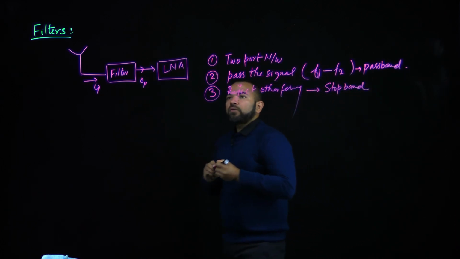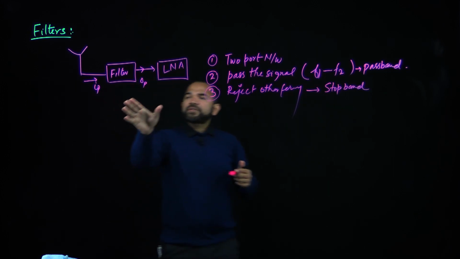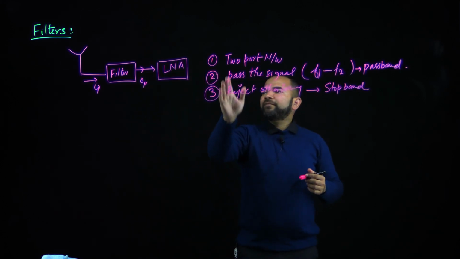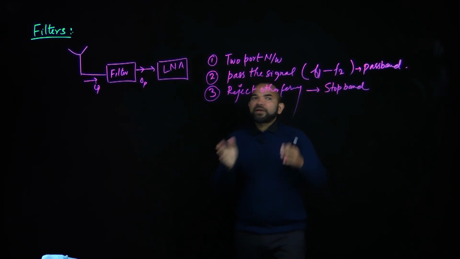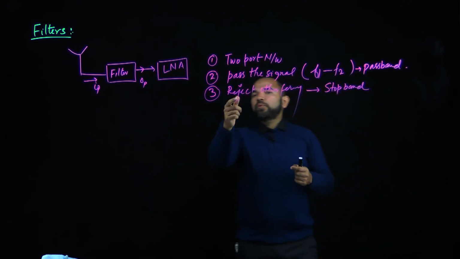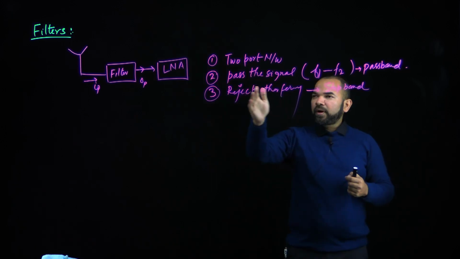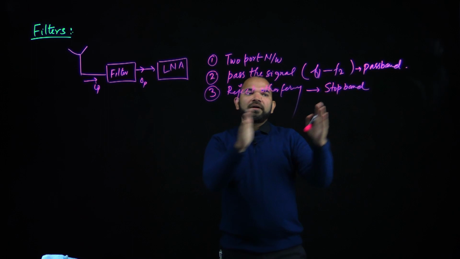So we have seen the job of the filter, its position in a communication network, and a few characteristics: what a filter is and how we can define it. A filter is a two-port network in an electrical system that passes the signal for a certain frequency band and rejects the other frequency band.